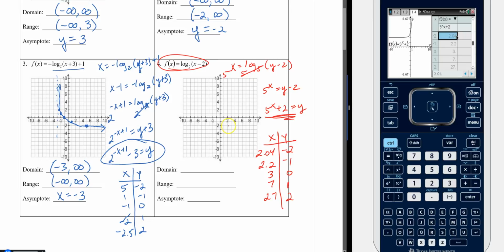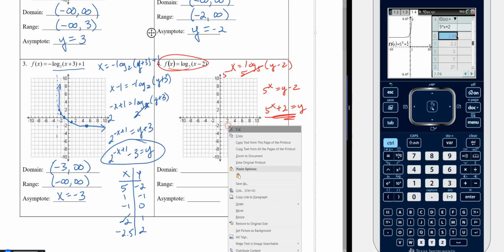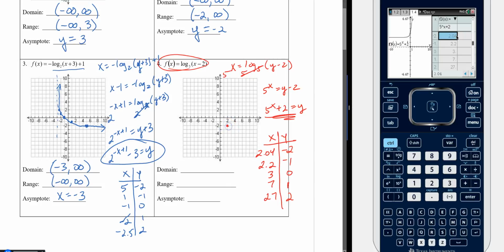So 2.04, -2, it's about there. 2.2 is -1. It's going to be somewhere around there. 3 is 0. 7 is 1. And 27 is 2, so I'm not going to be able to do that.